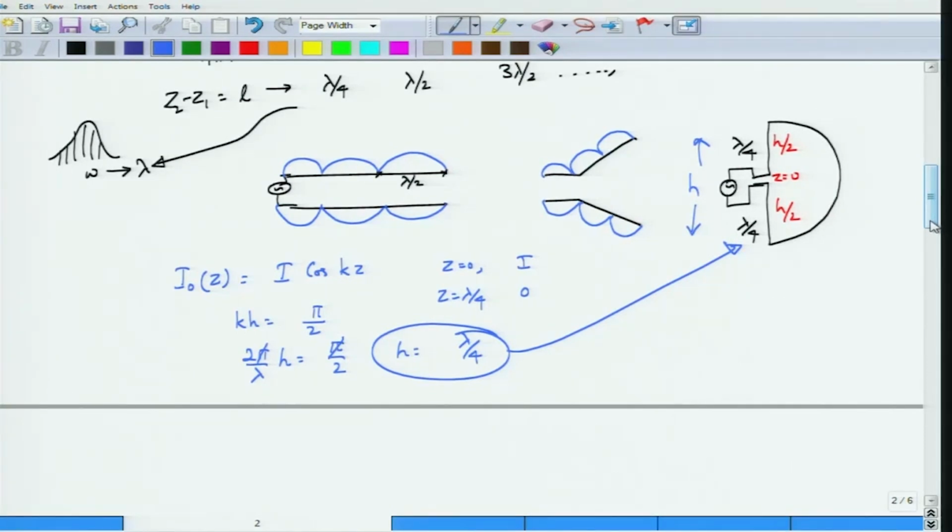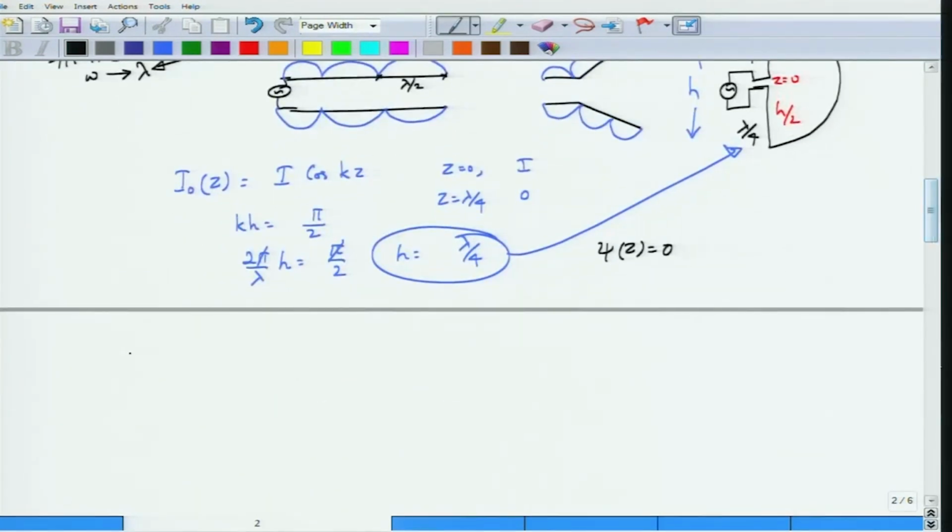Now, once I know this, I can substitute for the current distribution I0 of z. Let us also assume for simplicity that psi of z is equal to 0 throughout the antenna length. If you do that and substitute for A of z and carry out the further analysis, you see that Az will be equal to mu e power minus j k r divided by 4 pi r.